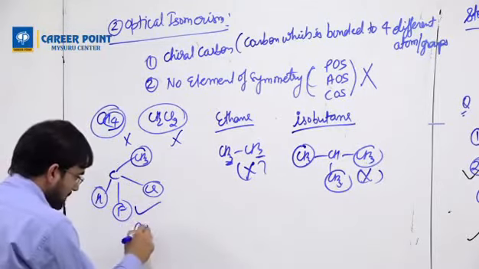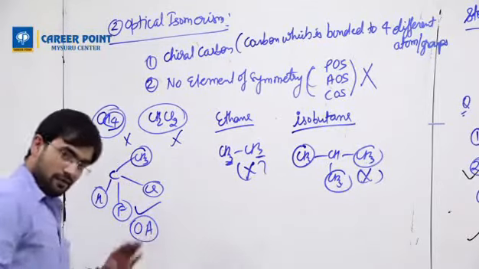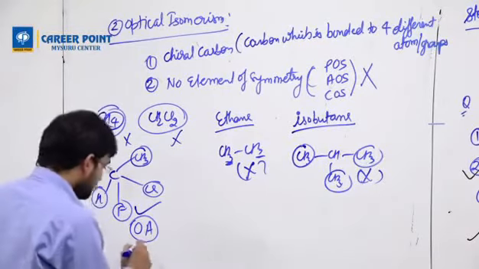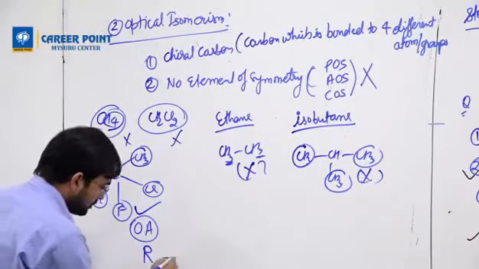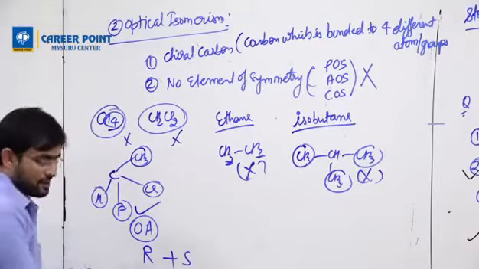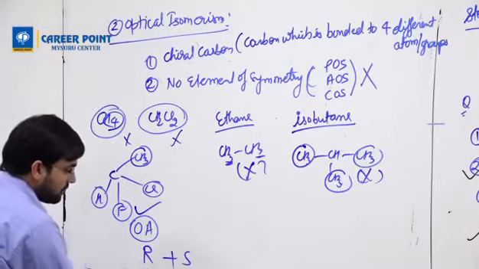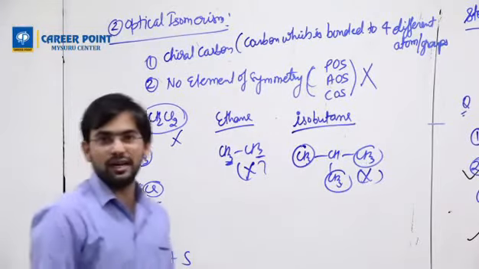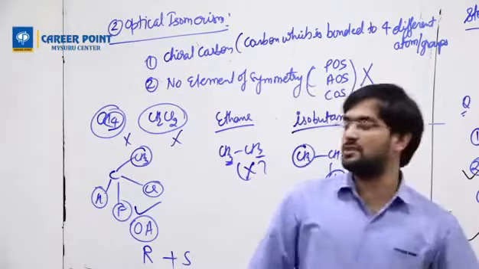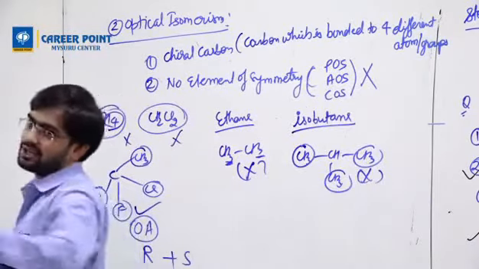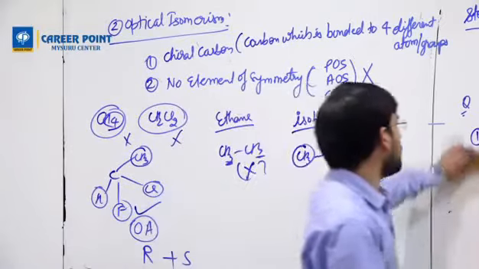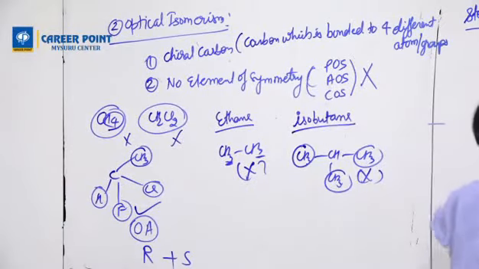So this is optically active. If this is R, you will also have S, and if it is S configuration, you will also have R configuration. So it will have 2 optical isomers. One will rotate plane polarized light clockwise, another will rotate it anti-clockwise. Understand?